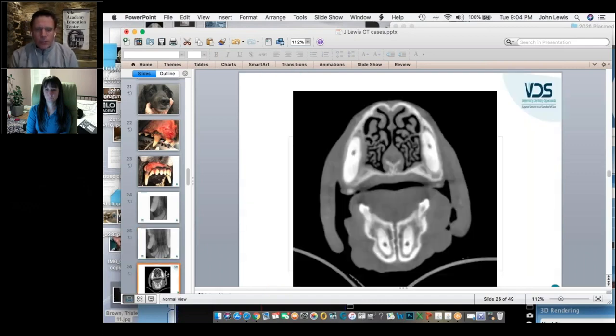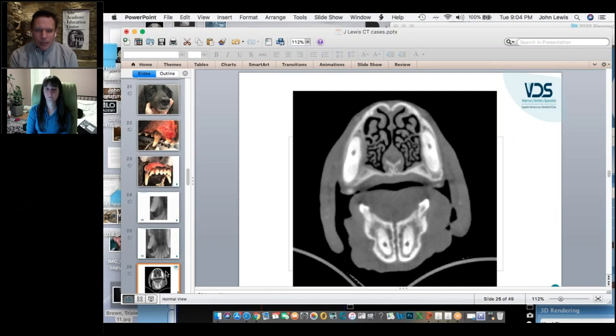And so we use the cone beam CT to get a better feel for extension into the nasal passage. And I think that's one of the biggest things. As Steve said, this is not the ideal modality for looking at soft tissue, but it does show when there are changes in the nasal passage due to extension of soft tissue into the nasal passage from an oral tumor.